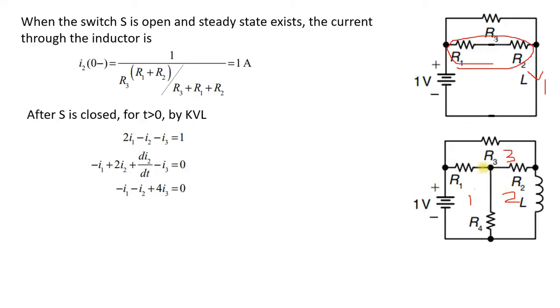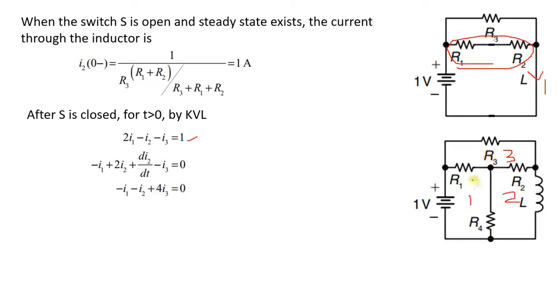Using the inspection method, for I1 it is R1 plus R4, both are 1, therefore 2 I1 minus I2 minus I3 is equal to 1 volt. So this is the first equation. Similarly for the second loop, it is minus I1 plus 2 I2 plus dI2 by dt minus I3, which is equal to 0.